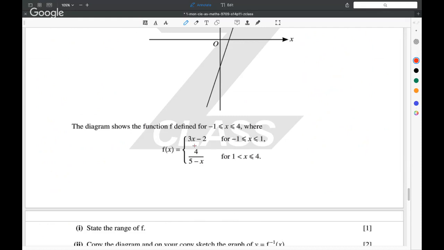When x is equal to minus 1, f of x is equal to minus 5, and when x is equal to 1, f of x would be 4. So the range of f of x should be between minus 5 and 4.